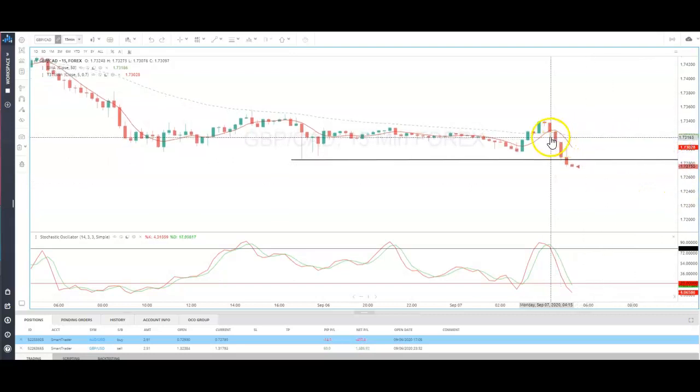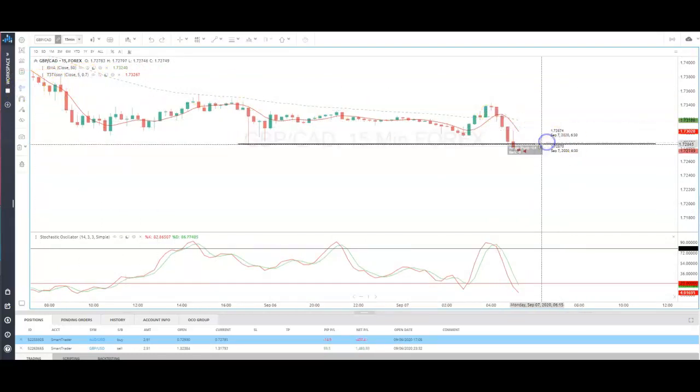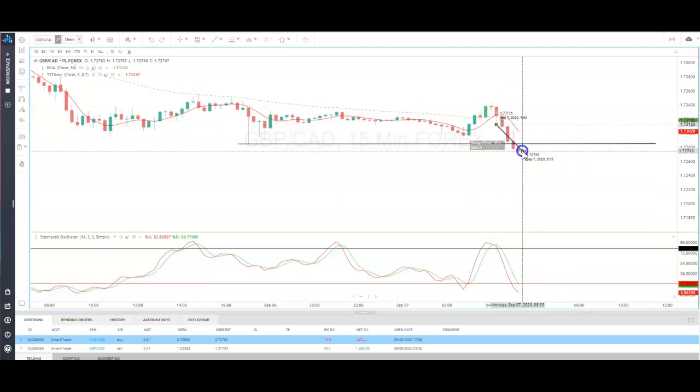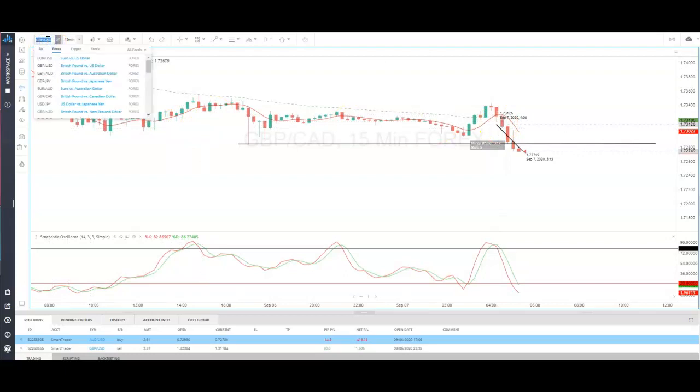Look at this, 1 hour, 15, 30, 45 minutes, and price has already moved about 40 or 50 pips. Really fast. 37 pips from the point of entry on the pound Canadian dollar.